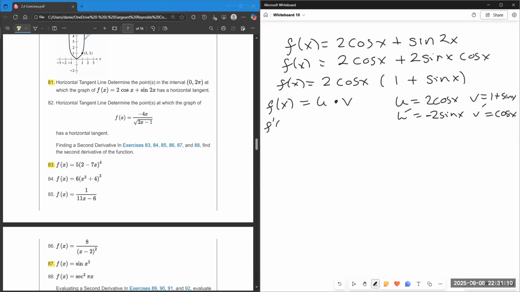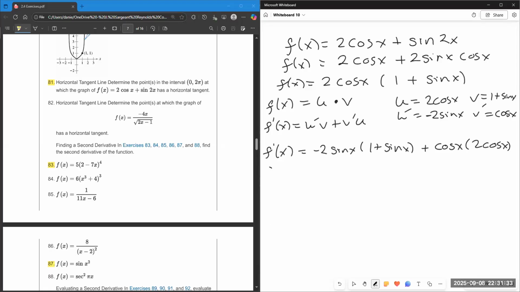So f prime of x is u prime v plus v prime u. F prime of x is negative 2 sine x times 1 plus sine x plus cosine of x times 2 cosine of x. F prime of x is negative 2 sine x minus 2 sine squared x plus 2 cosine squared x.